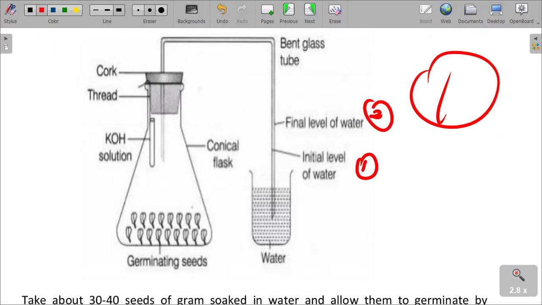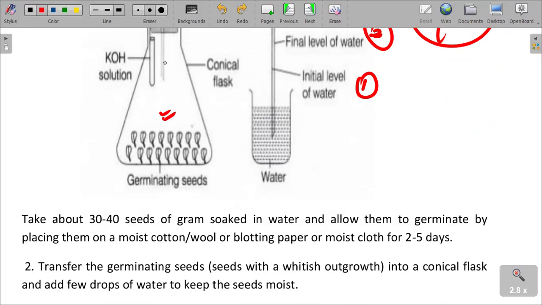We have a bent glass tube connected to the germinating seeds, and potassium hydroxide solution is used to absorb carbon dioxide. That is what is happening with the potassium hydroxide.